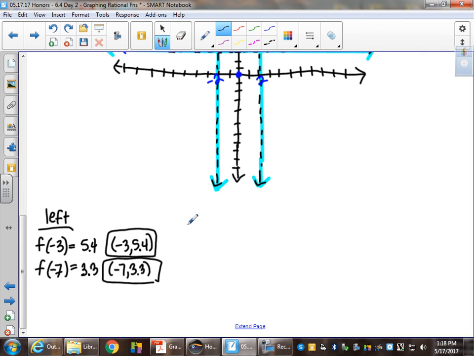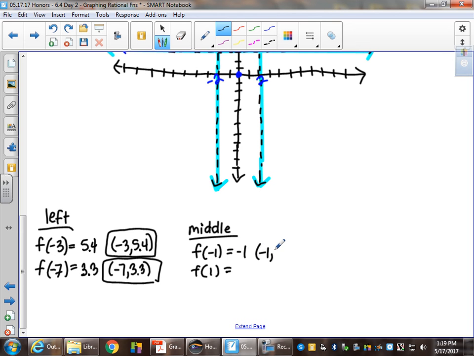So I'm going to label this as middle. To the left of 0 would be f of negative 1. To the right would be 1. And then again, let's go to your table. F of negative 1 is negative 1.